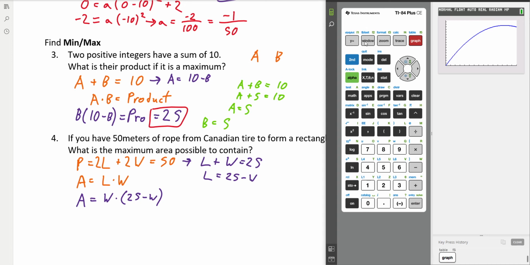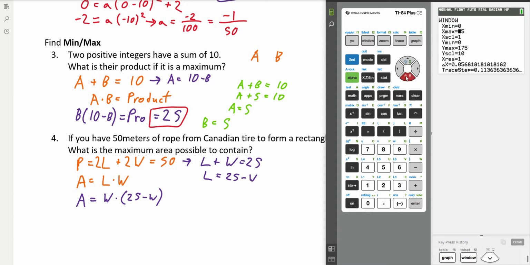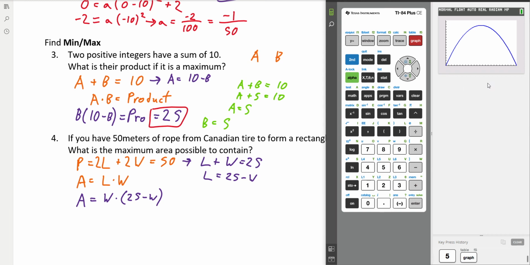Yeah, close. The height is good, so now we just need more. Oh no, that didn't work. So maybe 25? There you go. Perfect.